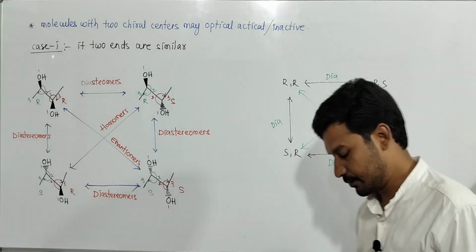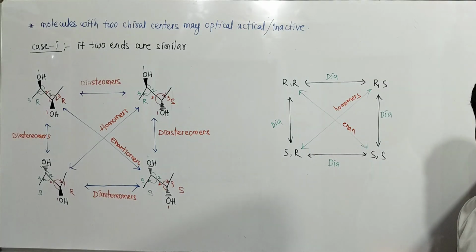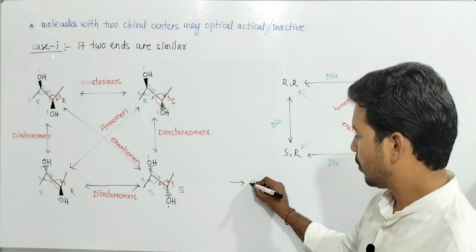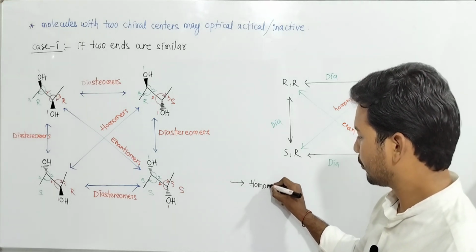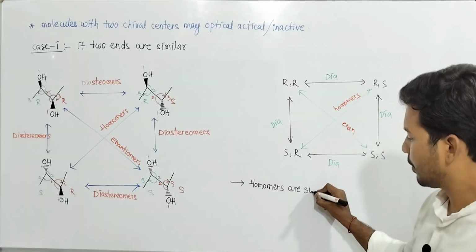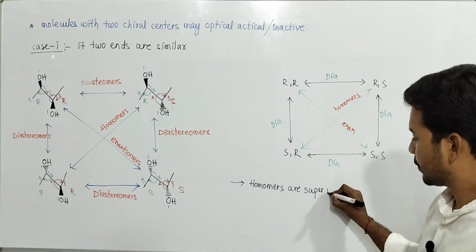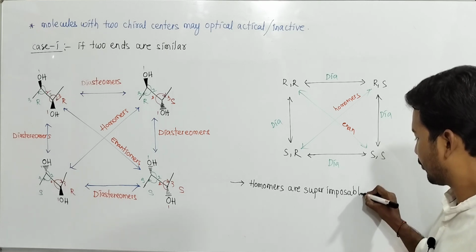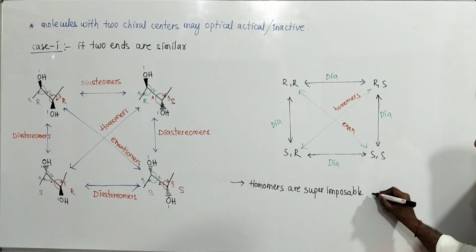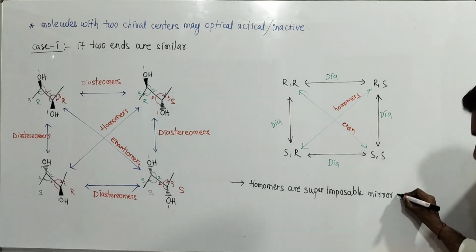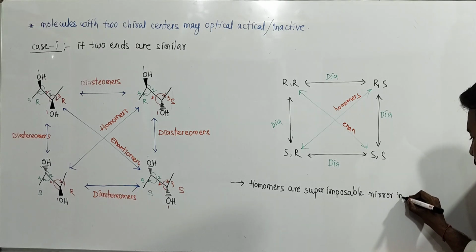What are homomers? Homomers are superimposable mirror images.